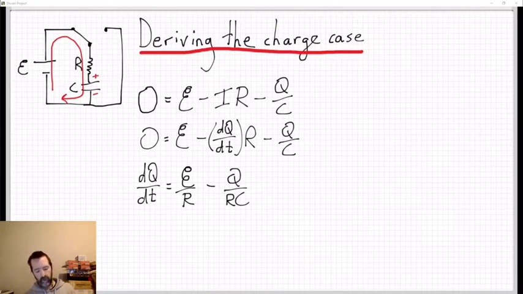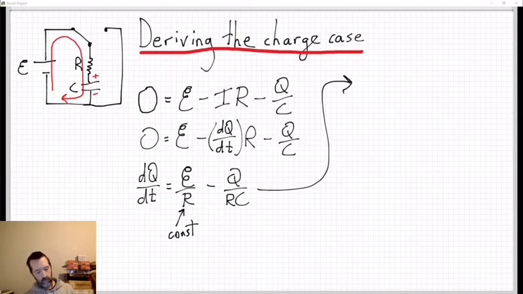So the first term is constant. But the second term still has that Q in it. So again, the solution for this one is not as easy to see, but it does lead to that form that I showed you in the other video. And it's easy enough to check this, even if you wouldn't come up with it on your own.